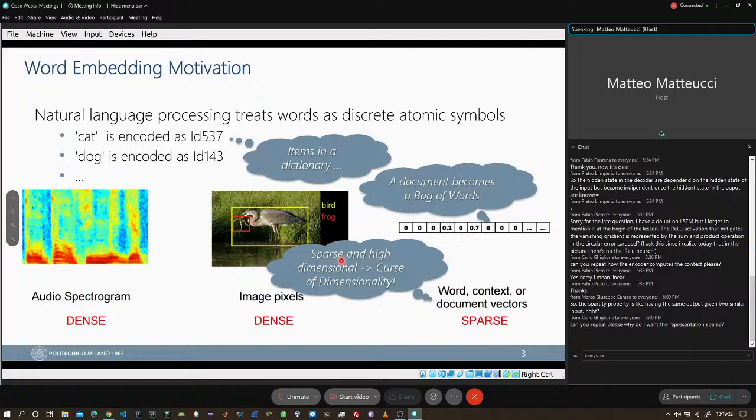So the proposals for solving this encoding problem for text have shown up at different times in the literature, especially for encoding documents, because usually text analysis is about encoding documents, because then on those documents you want to base any document retrieval or classification algorithm.